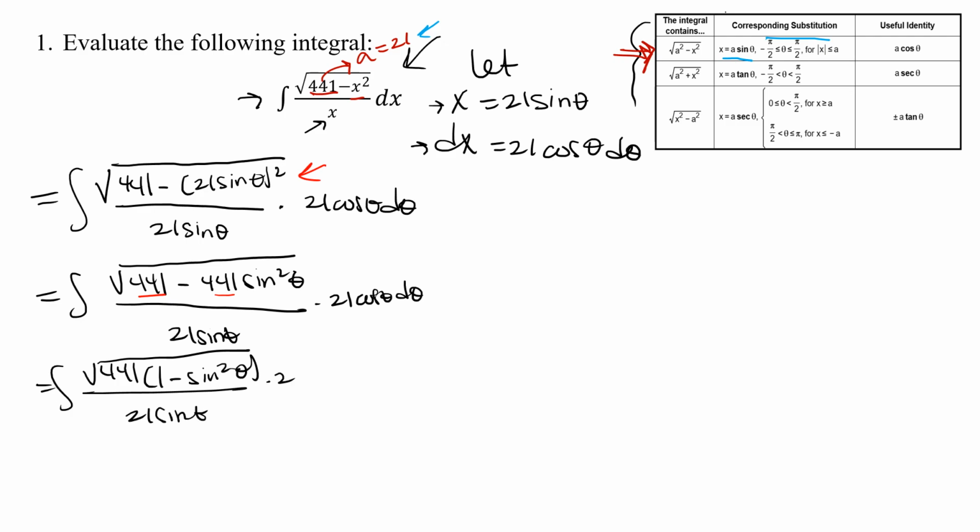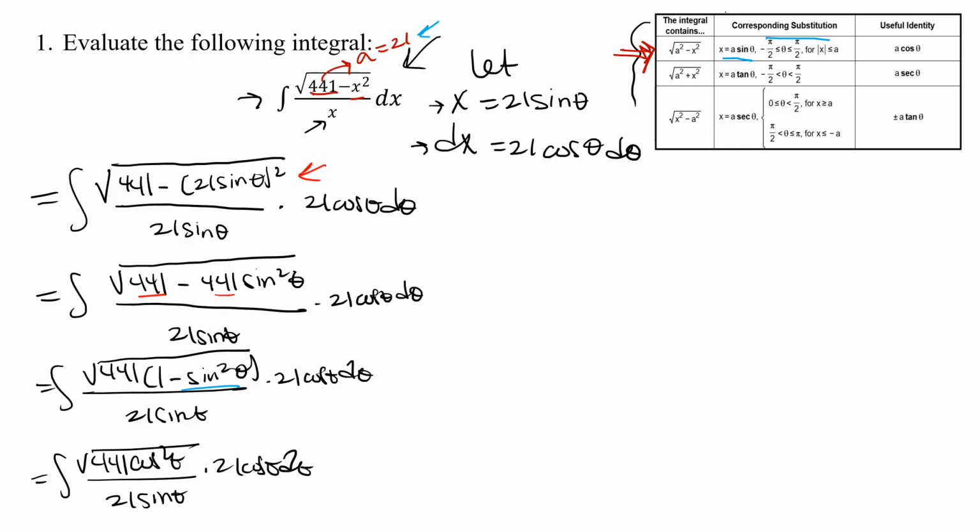Okay, then everything else stays the same for now. All right, well, if you remember a nice Pythagorean identity, we can rewrite that 1 minus sine squared. So we're going to write that as 441 times cosine squared, all under the radical. And then everything else still remaining the same for now.